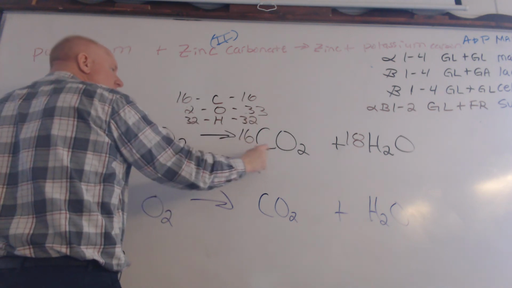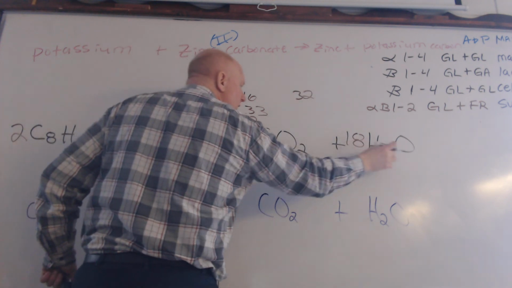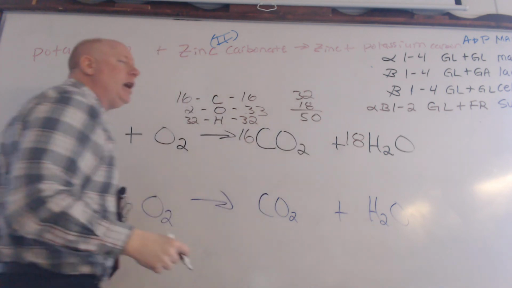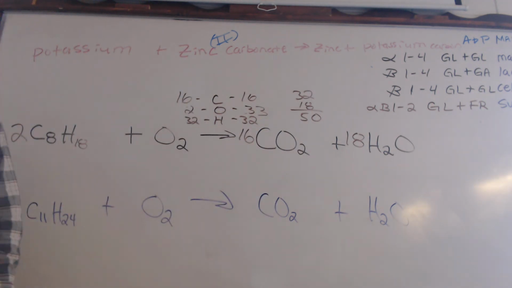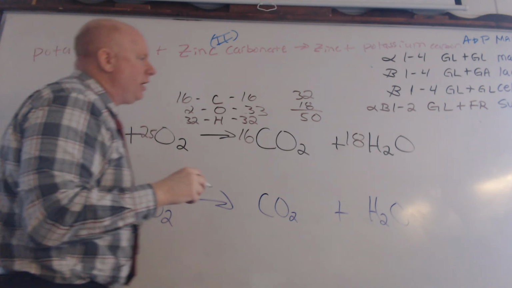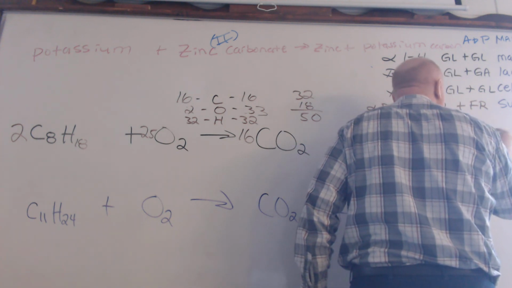Now, 16 times 2, 18 times 1, 18. Now you have an even number to work with. 25. So, what are your 4 coefficients? 2, 25, 16 and 18.